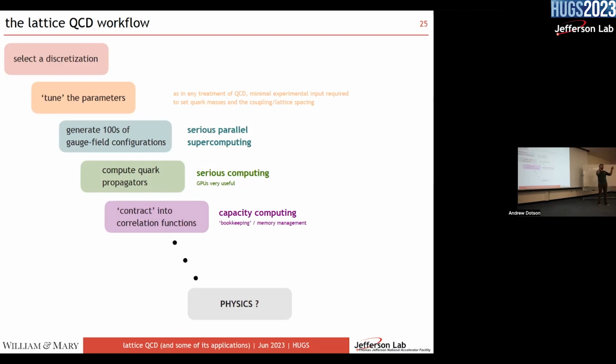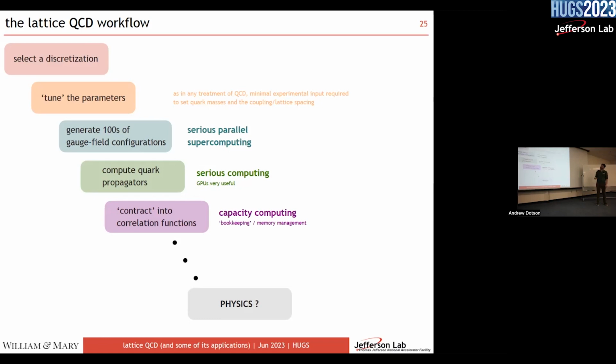You can do simple nearest neighbor, but that has corrections at the next order in A. But you can do fancier things where you have weighted nearest neighbor and next to nearest neighbor, where you cancel out the corrections at order A and get something at order A squared. You can do something similar here. It's rather difficult because this is an interacting quantum field theory, but you can do that. And that's really what selecting a discretization is about.